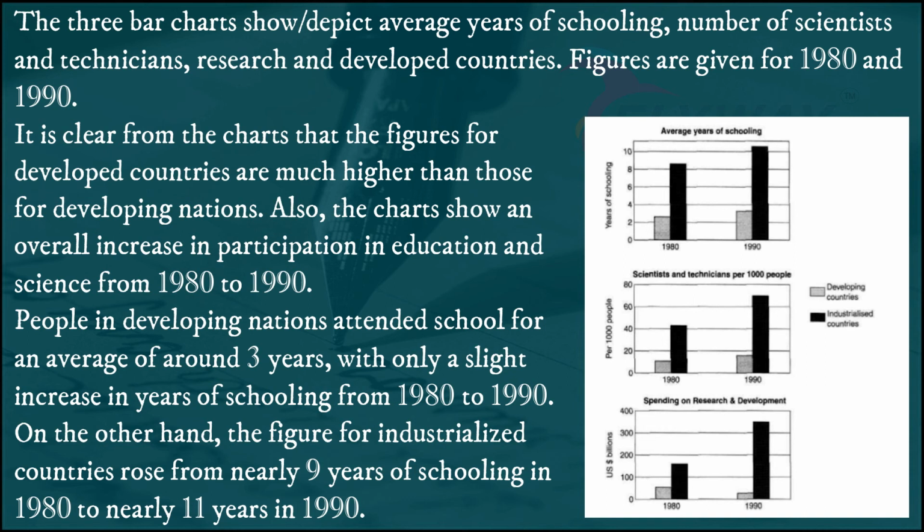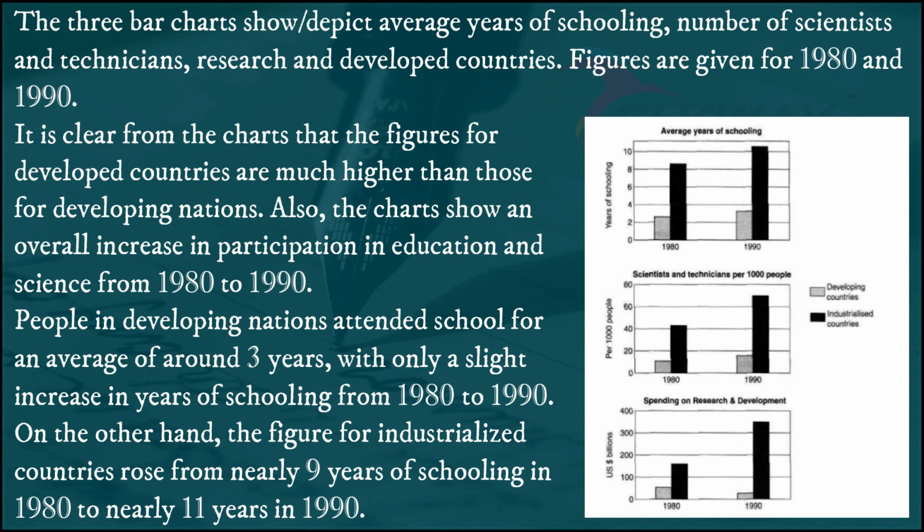Also, the charts show an overall increase in participation in education and science from 1980 to 1990. People in developing nations attended school for an average of around 3 years, with only a slight increase in years of schooling from 1980 to 1990. On the other hand, the figure for industrialized countries rose from nearly 9 years of schooling in 1980 to nearly 11 years in 1990.